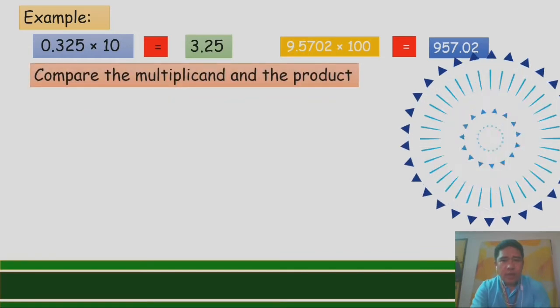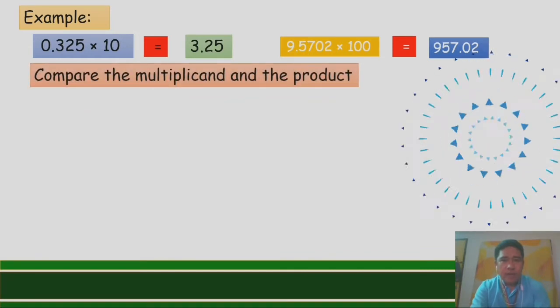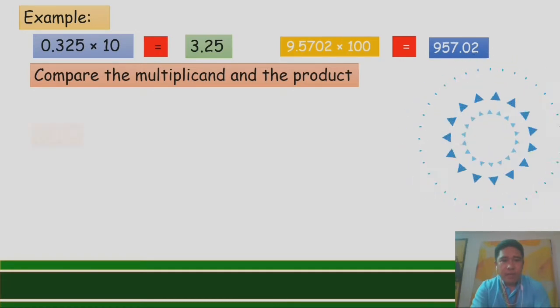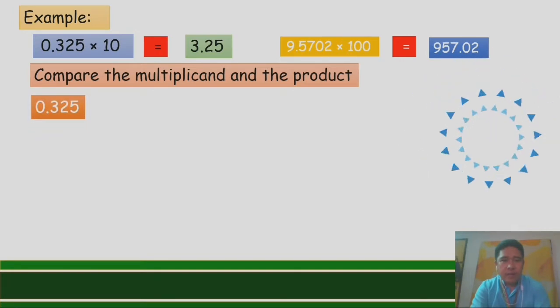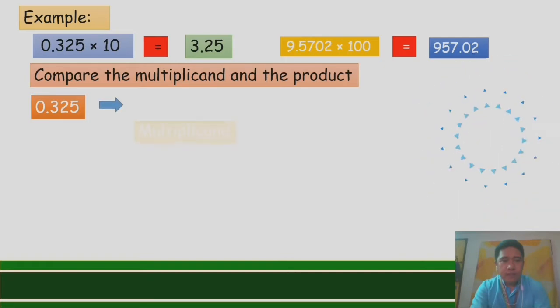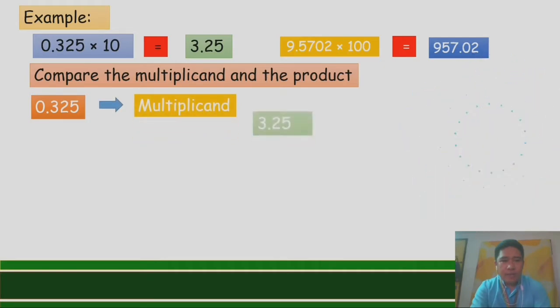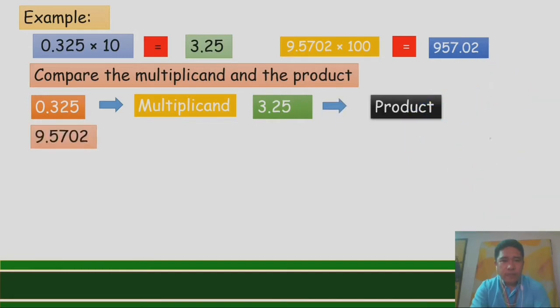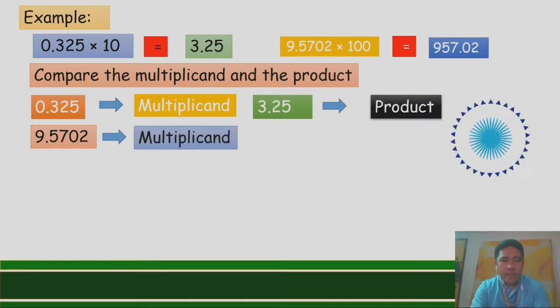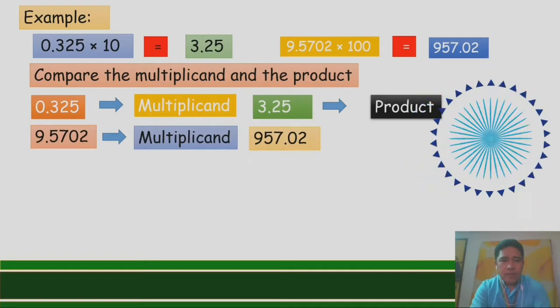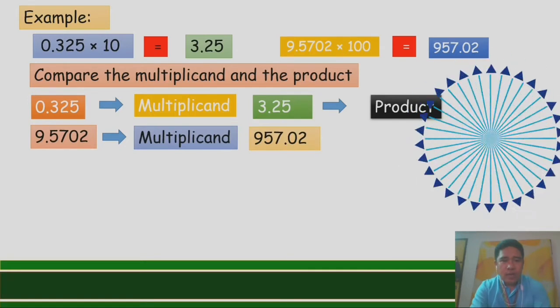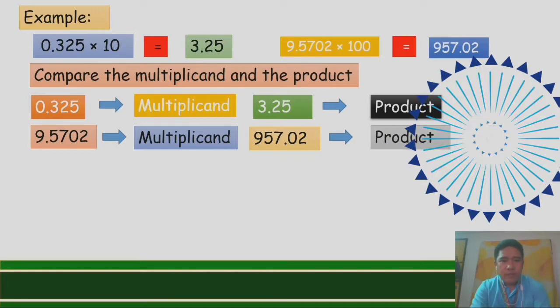How did we get our product? Let us compare the multiplicand and the product. 325,000 is our multiplicand. 3 and 2500 is our product. 9 and 5,700 to 10,000 is our multiplicand. 957 and 200 is our product.